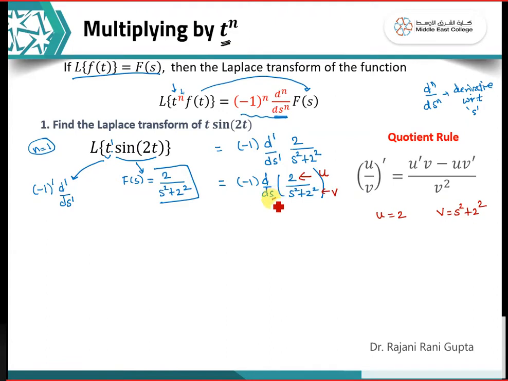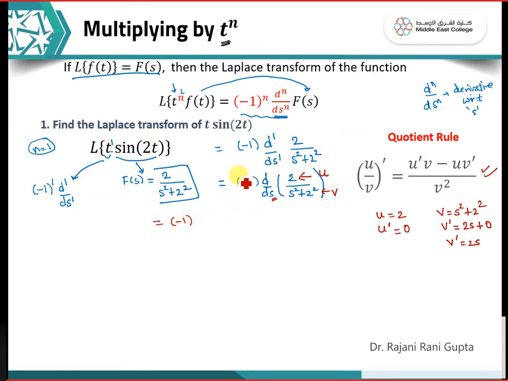Now here we are differentiating with respect to the variable s. The derivative of u is 0 because 2 is a constant. The derivative of v is, for s power 2 it becomes 2s, and for 2 power 2, which is 4, it becomes 0. So the derivative of v is 2s. Now we use these values in this rule. So what will we get?